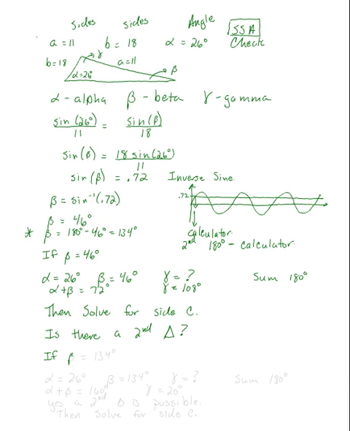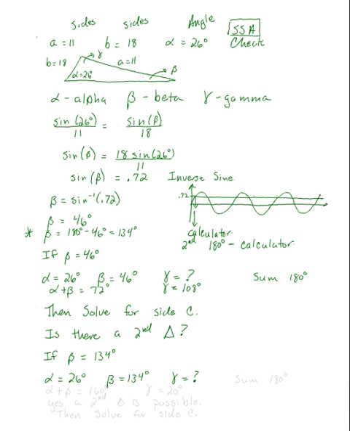If beta equals 134 degrees, then can I still have another triangle there? So let's check. Alpha is 26 degrees, that's given. Beta could be 134 degrees because that's another place where the sine of beta is 0.72. And then I have gamma. Is it possible this time to have another angle in there that would fit in the triangle?